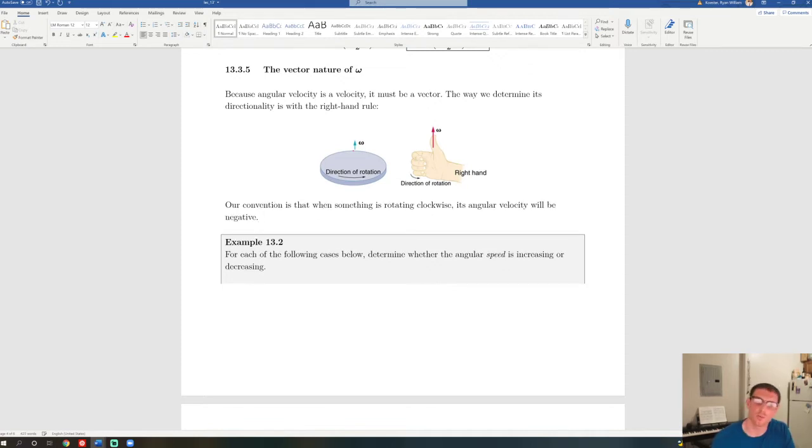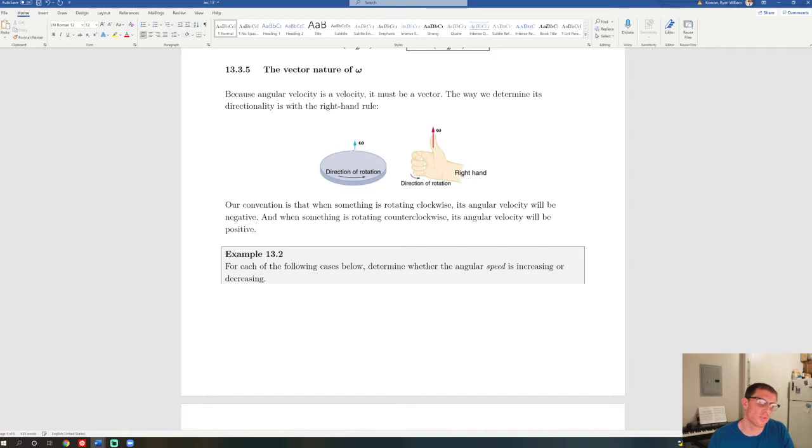And this is kind of opposite what you would expect, because, at least for me, I always think, well, clockwise, yeah, that should be positive, because that's the way every clock rotates, but I don't know. So rotating clockwise means negative angular velocity, and when something is rotating counterclockwise, its angular velocity will be positive.